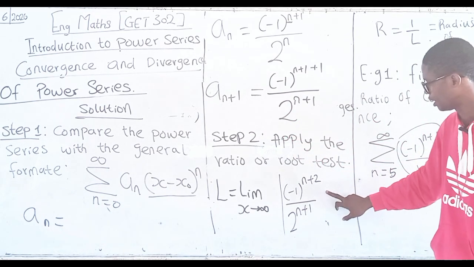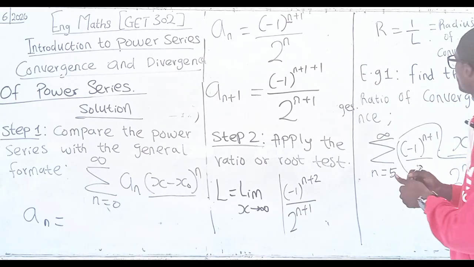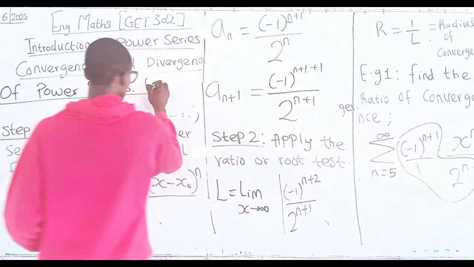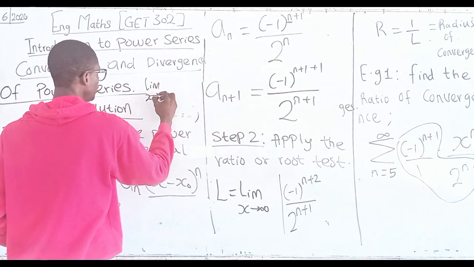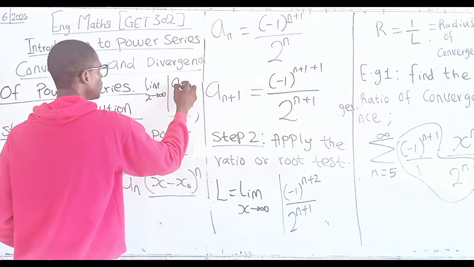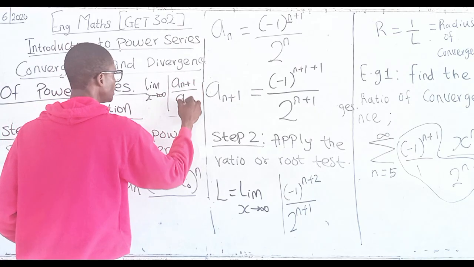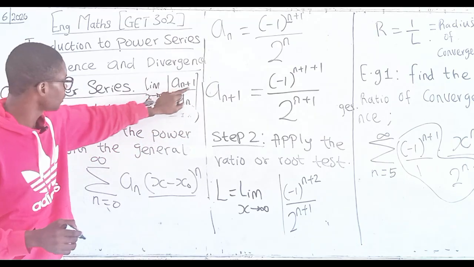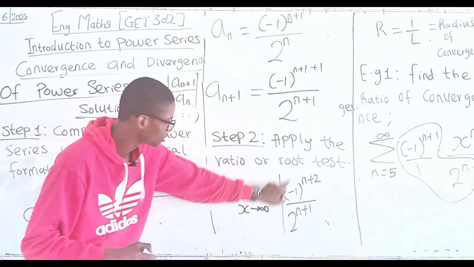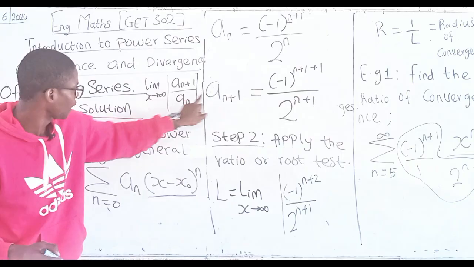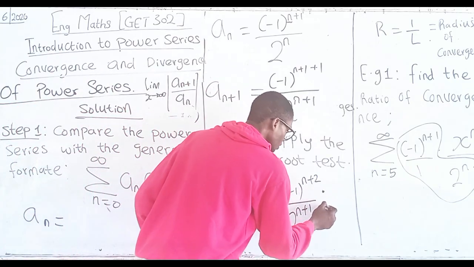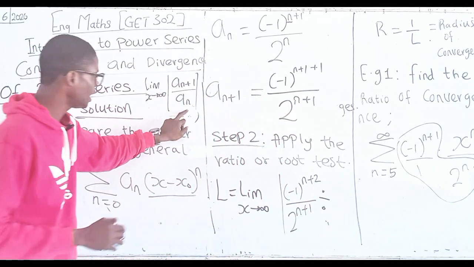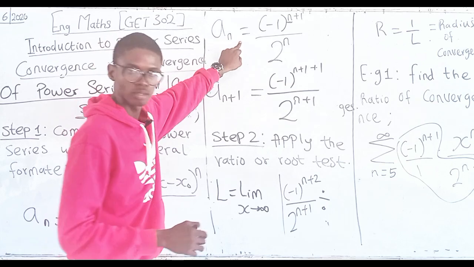I didn't write the formula here, but if you check, you discover that the formula is the limit as n approaches infinity of a_(n+1) divided by a_n. So it means we have written this, and we can change the division to divided by a_n. What is our a_n?